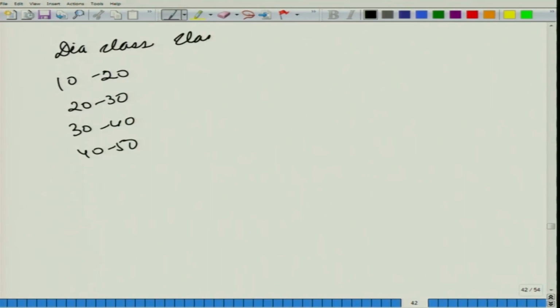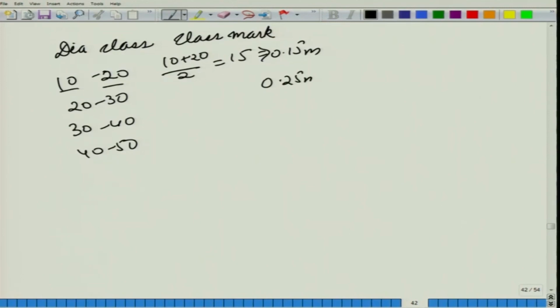So, we can find the class mark. Class mark, as you remember, is the lower limit plus upper limit by 2. So, it will be 10 plus 20 by 2, which is 15, or 0.15 meters. Similarly, this will be 0.25 meters, 0.35 meters and 0.45 meters.